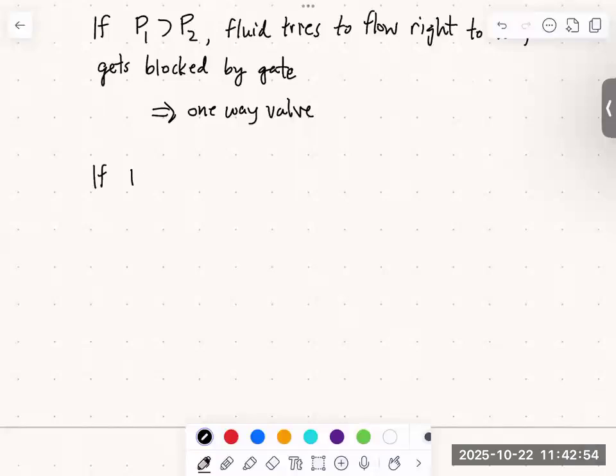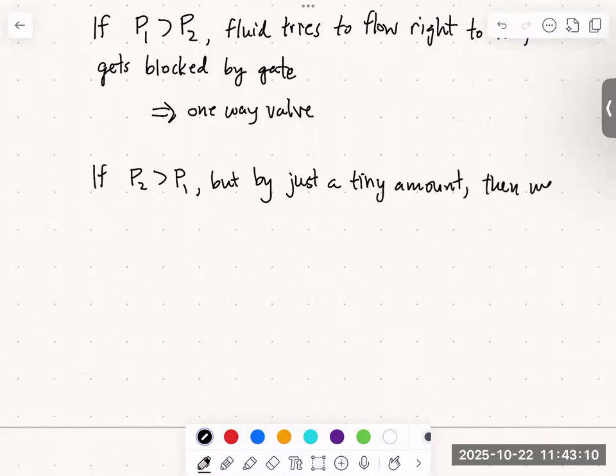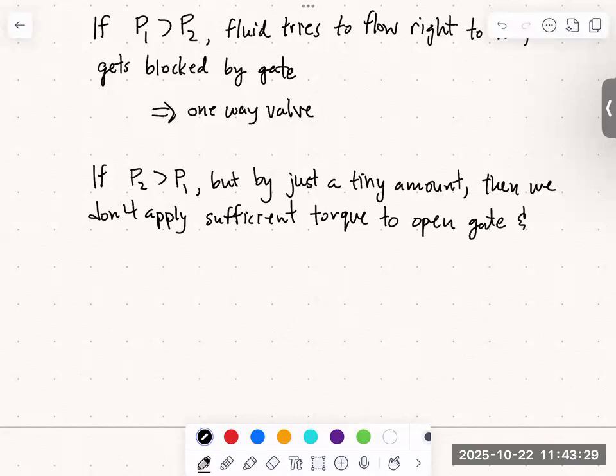So if P2 is greater than P1 by just a tiny amount, then we don't apply sufficient pressure, or let's say sufficient torque, to open the gate. And there is no fluid flow.